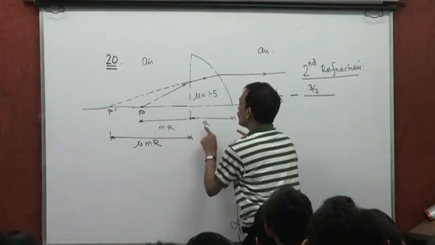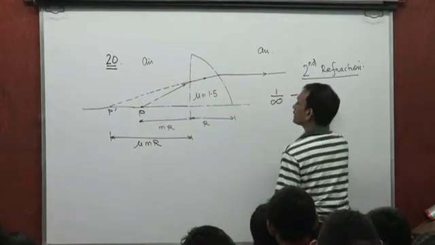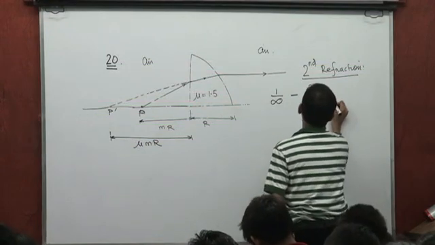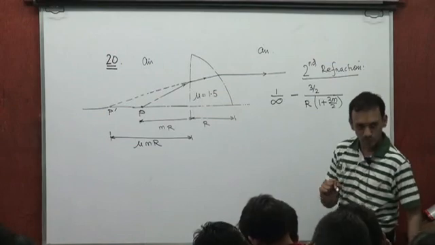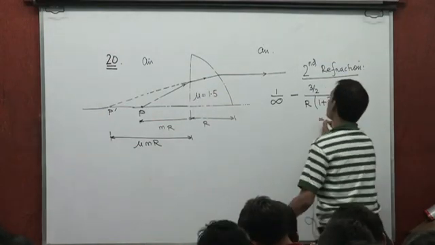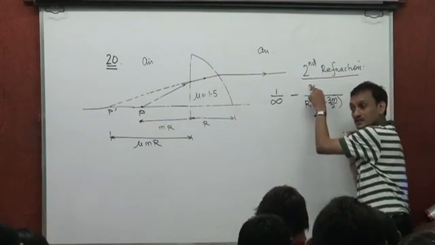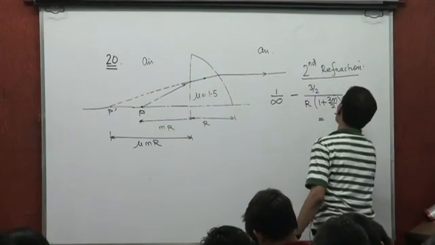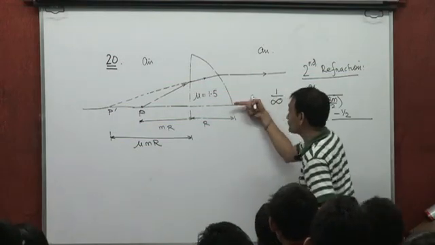Object distance is r plus mu mr, r into 1 plus 3m by 2, writing mu as 3 by 2, equals difference in the two refractive indices. That means 1 minus 3 by 2, that is minus half, divided by the radius of curvature of this.